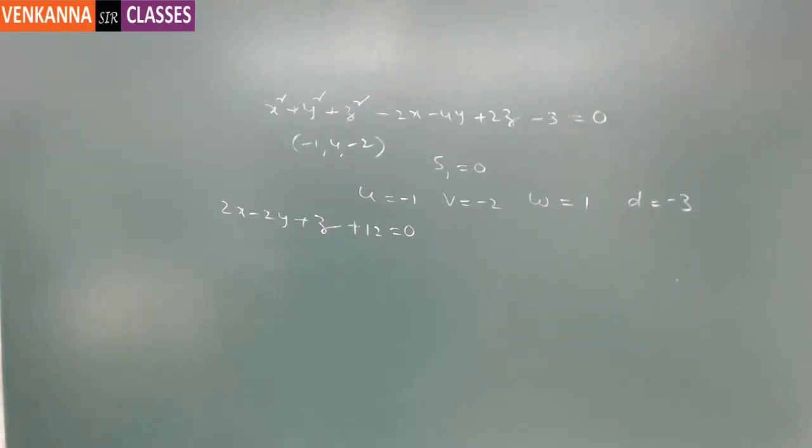Please check on that. Everyone, please confirm your answer. Have you arrived at this plane equation or not? If everyone agrees with that, then I will take the other model.